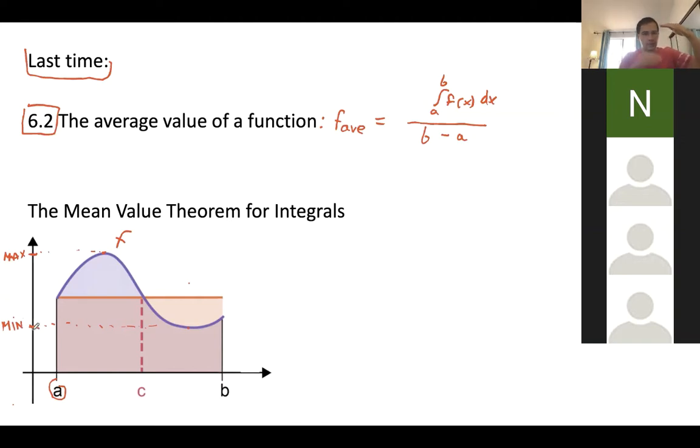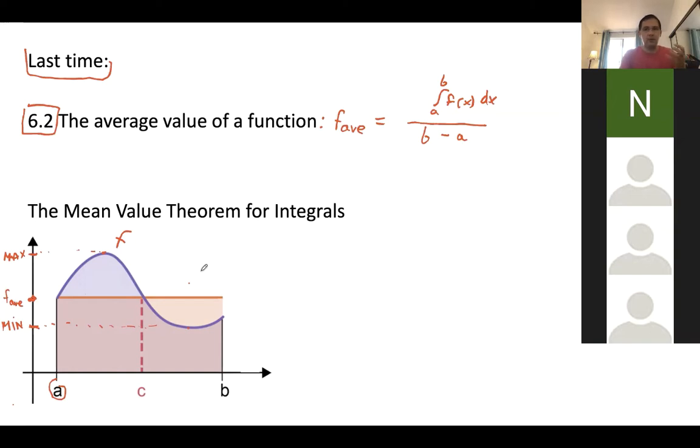So here's the maximum, here's the minimum, and there are a lot of values in between, and somewhere in the middle is the average value. On this picture, that would be somewhere here. This is the average value, f ave, the average value of this function.